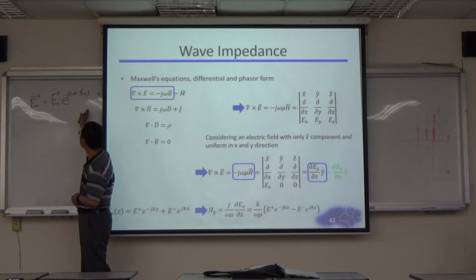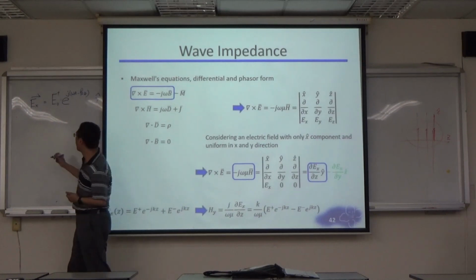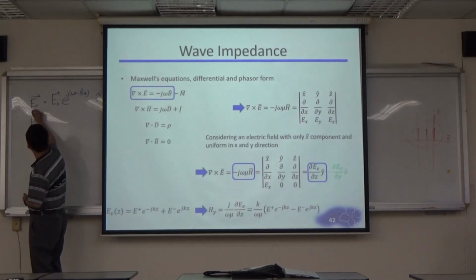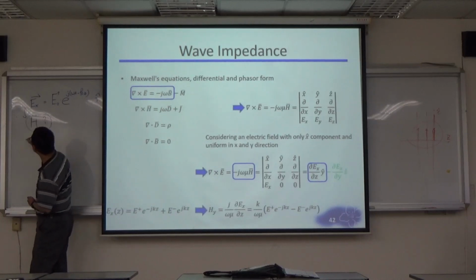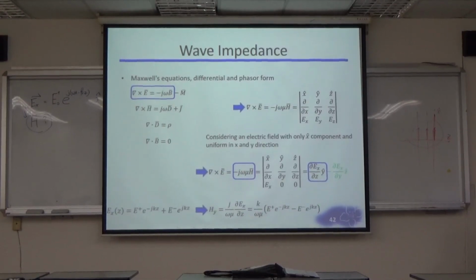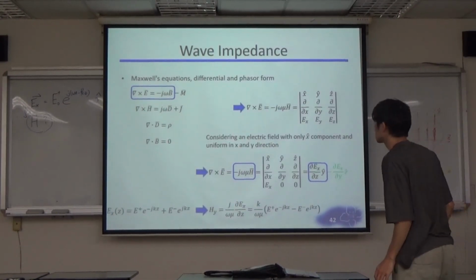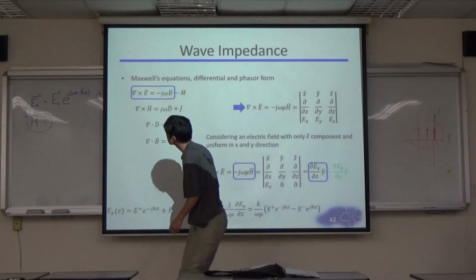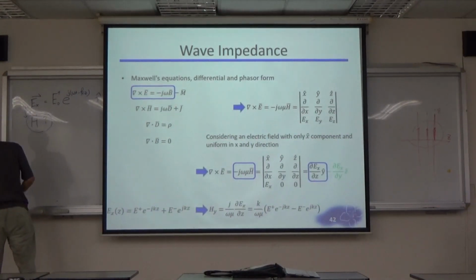If this is Ex, what is the H field? Anyone? This is a hard question, but you will see that in your midterm. So write down and tell us how to obtain the H field. The electric field and the magnetic field occur simultaneously together. If you have an E field, you will have an H field.